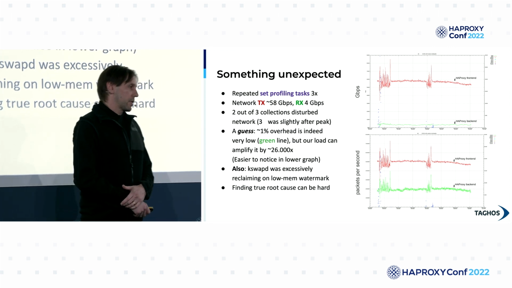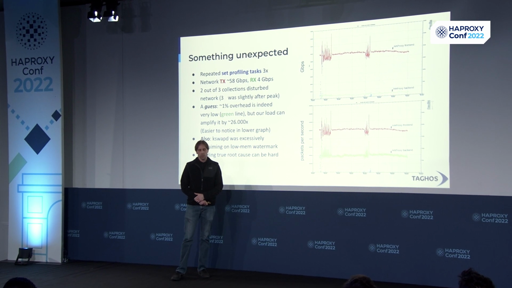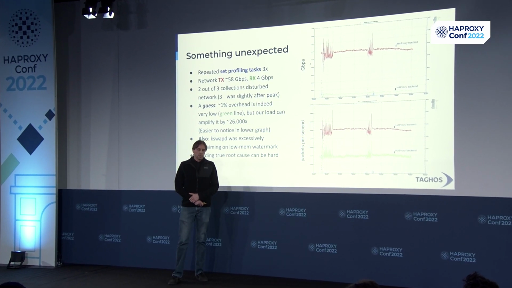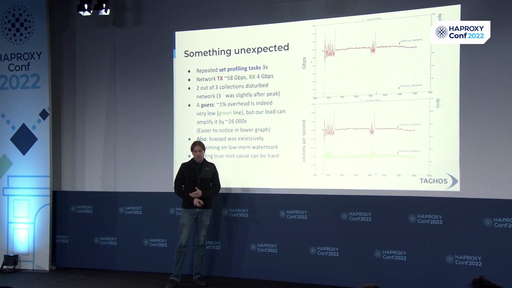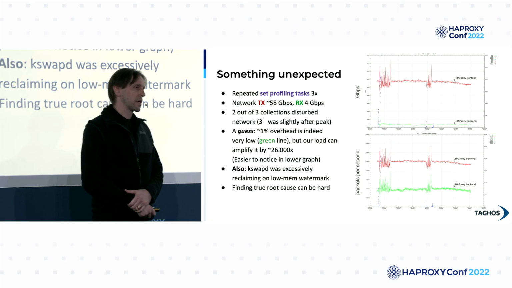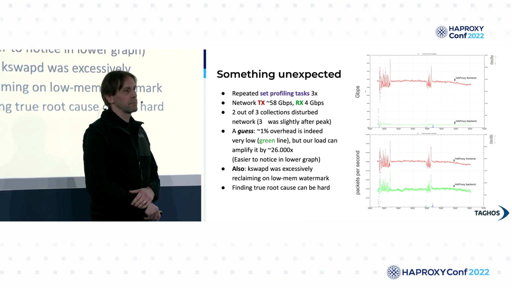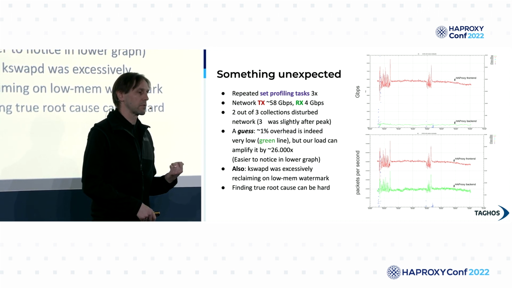When we analyzed the graph for packets per second, we noticed that the disturbance was high, but not crazy high. But in our setup, the data coming from the HAProxy backend gets amplified on the front end.